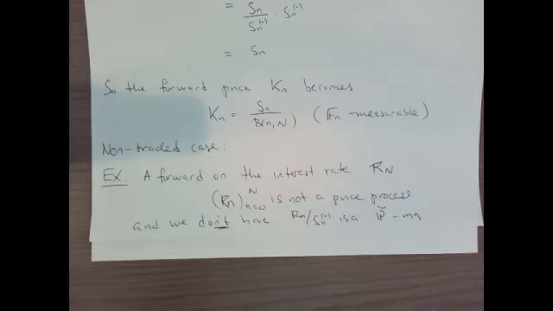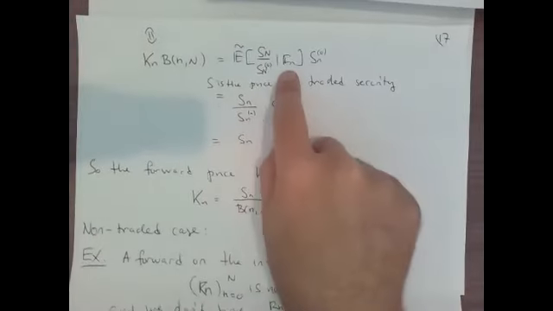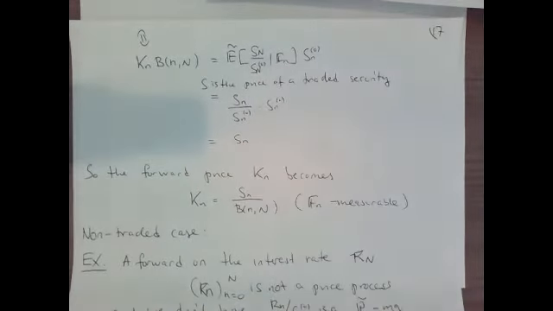So what does that have to do with forward measures? Well, we have this. This is our requirement. So what we have in here, I want to use the forward measure to say something about it.